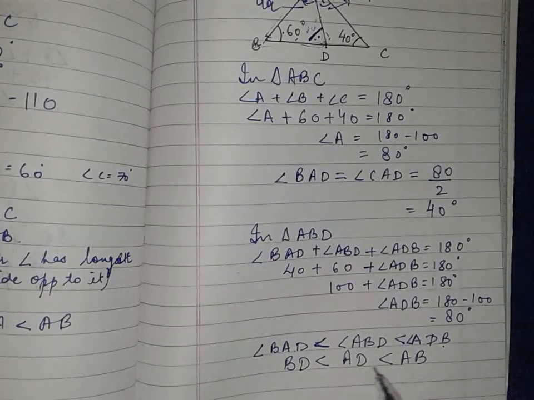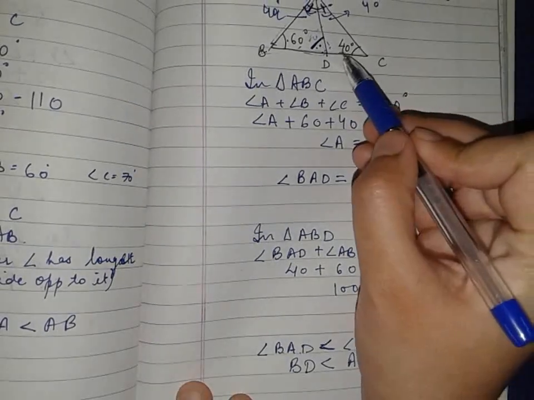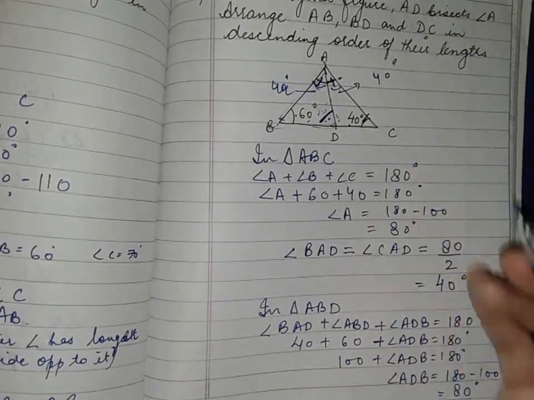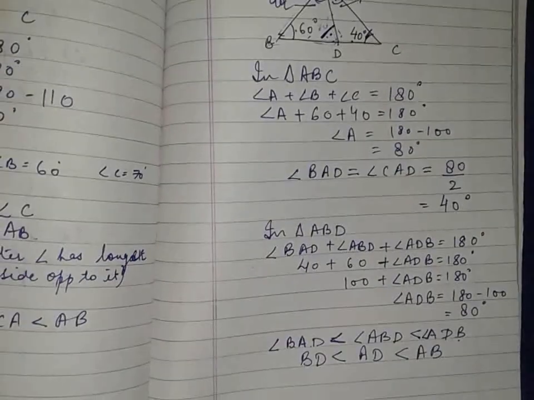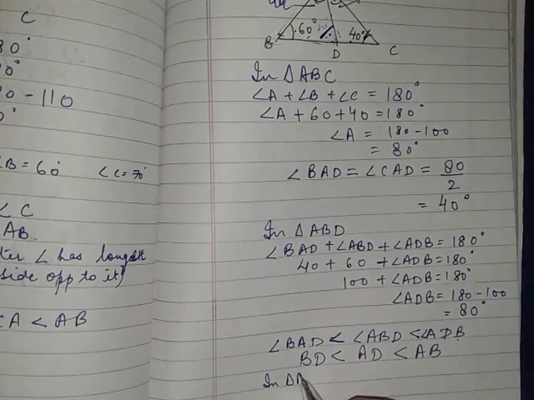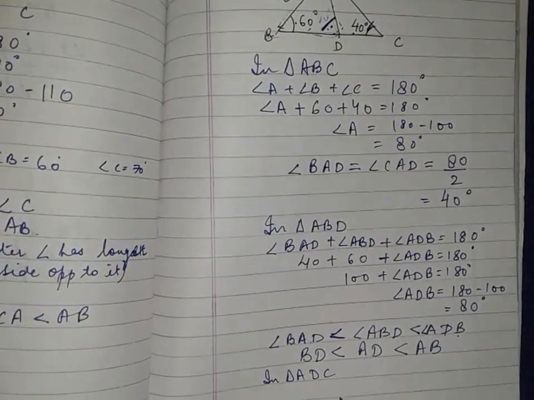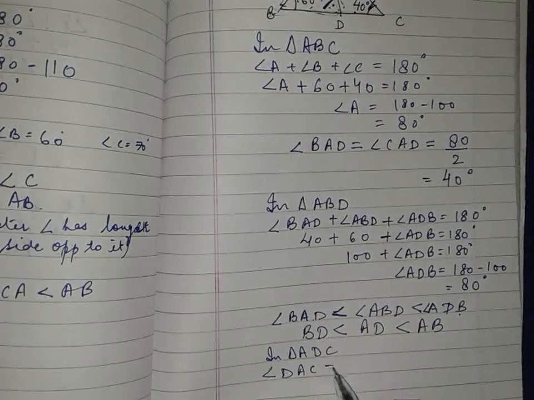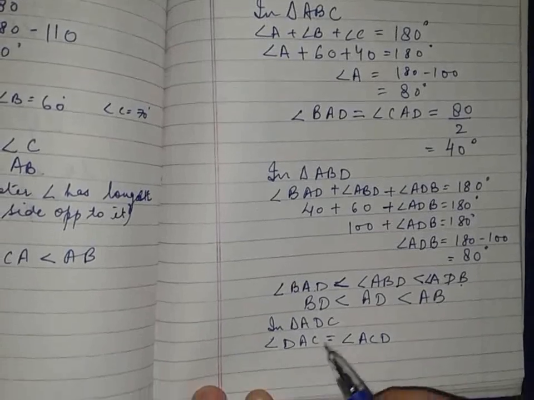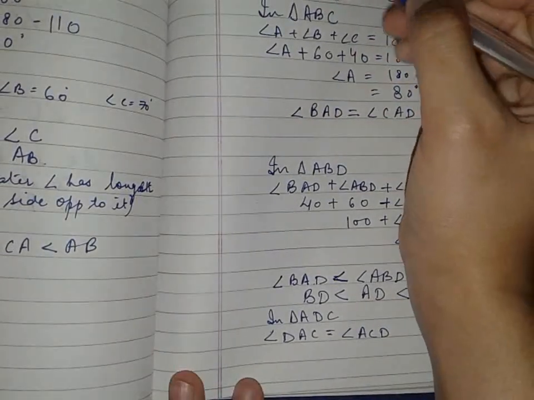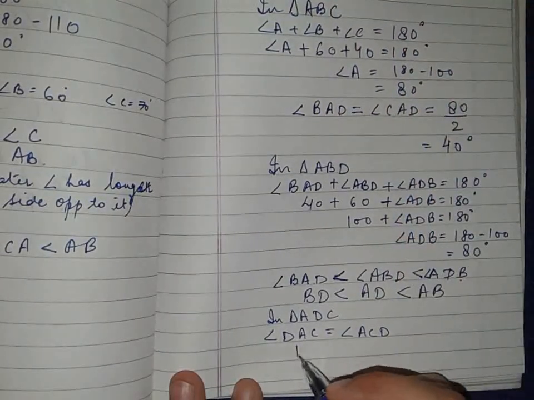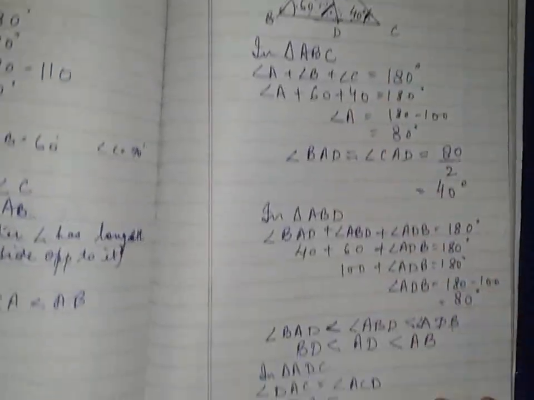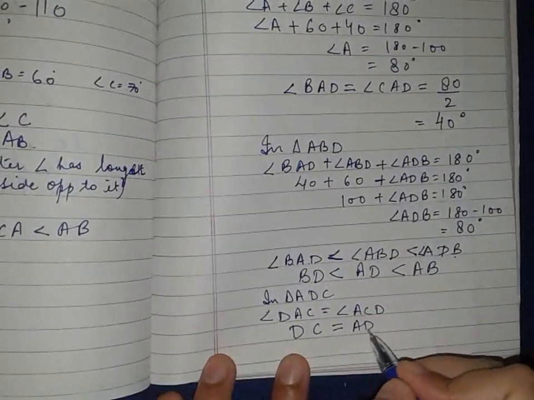Why have I compared all three sides? Because from this triangle ADC, these two angles are equal, meaning the sides opposite to them will also be equal. In triangle ADC, because angle DAC is equal to angle ACD, the side opposite to angle DAC is side DC, which is equal to the side opposite to angle ACD, which is AD.